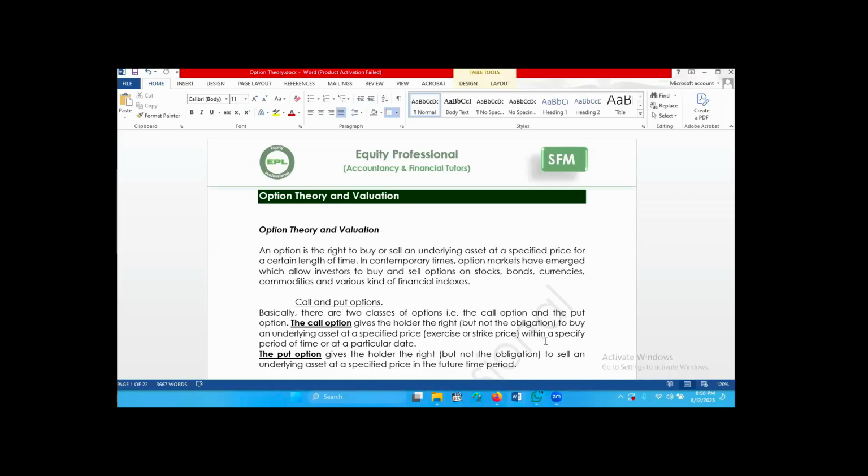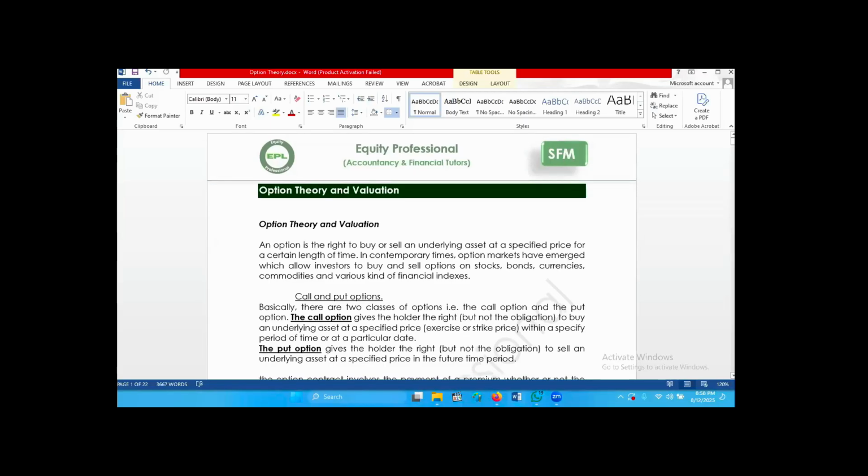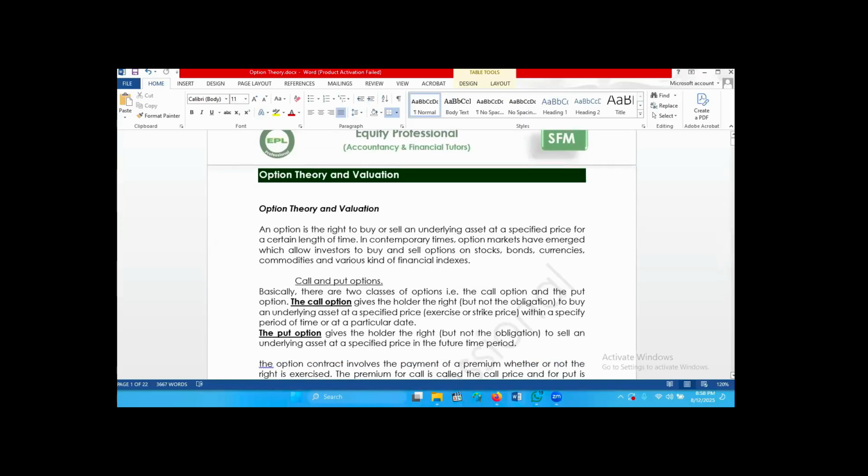This is the right to sell an asset at a pre-specified price. An investor can obtain a right to buy or obtain a right to sell.